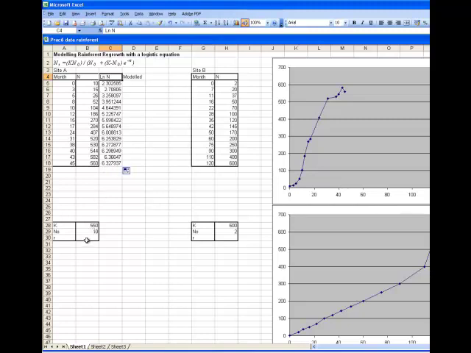So in order to plot it on there, because these are the logged values, we need to plot them on a separate y-axis.